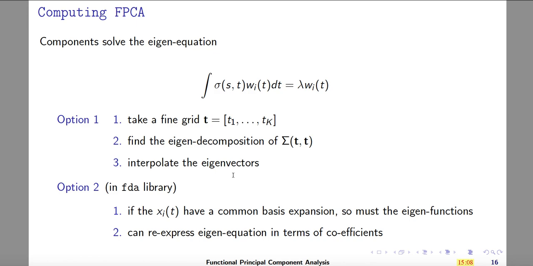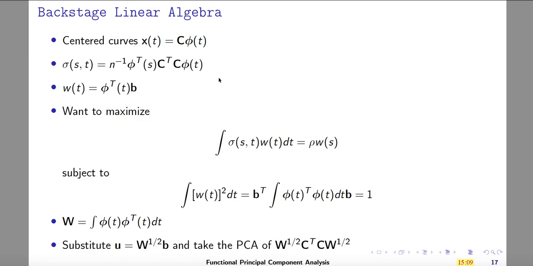Therefore we will always represent xi of t as a linear combination of basis functions. Then we can express these eigenequations based on the coefficients of the basis expansion. So now let me show you how we can do this.